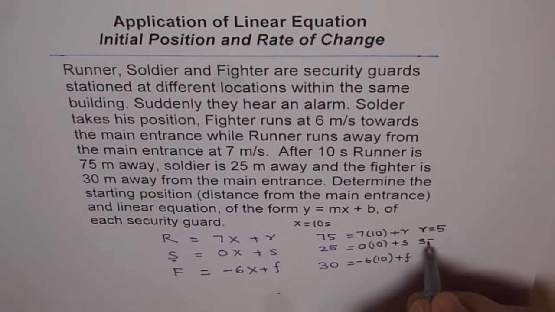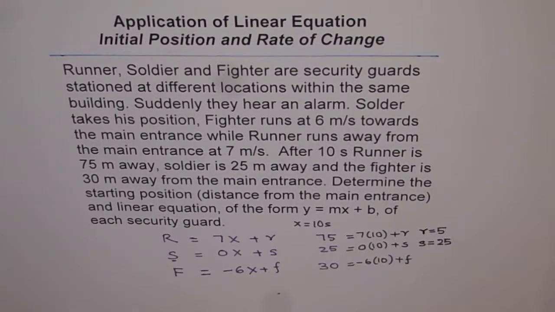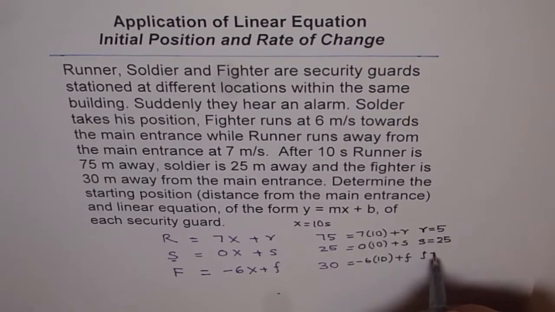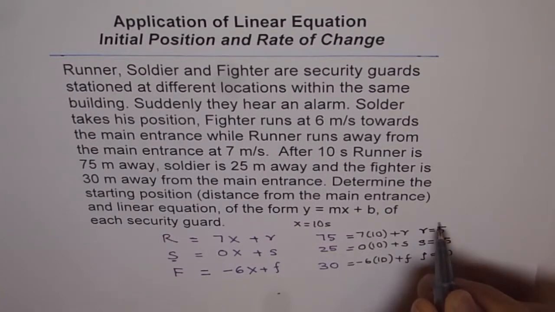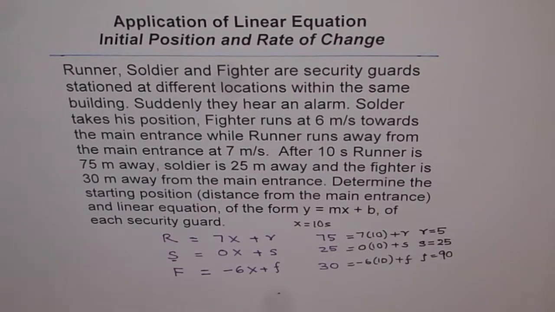Soldier's initial position is the same as given, right? Because soldier didn't move. And the fighter moved towards the main entrance, so his original position was farther away. So it is minus 60, and when you take it to this side, it becomes 30 plus 60. That means fighter's initial position is 90. So these are the initial positions for the 3 security guards, right?